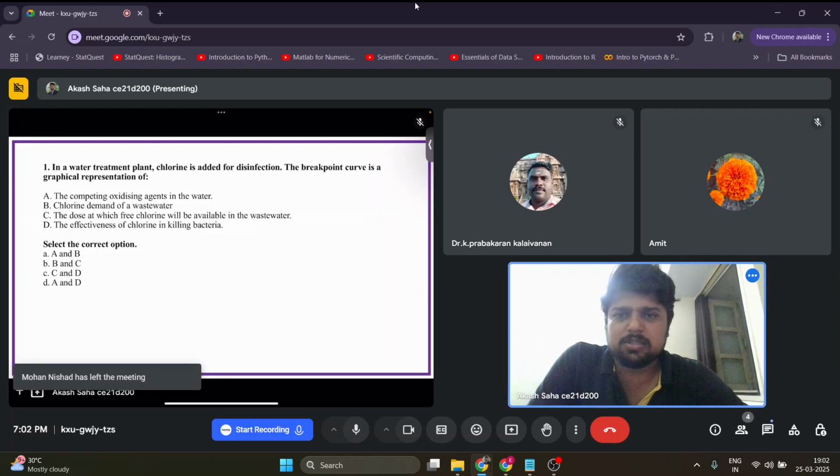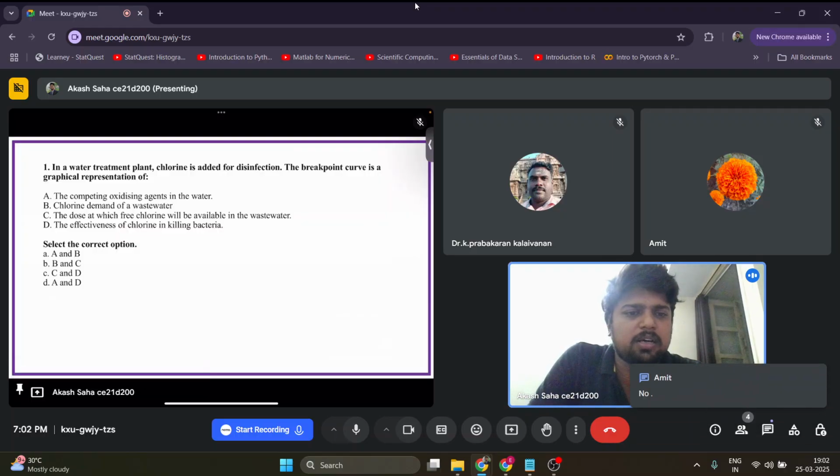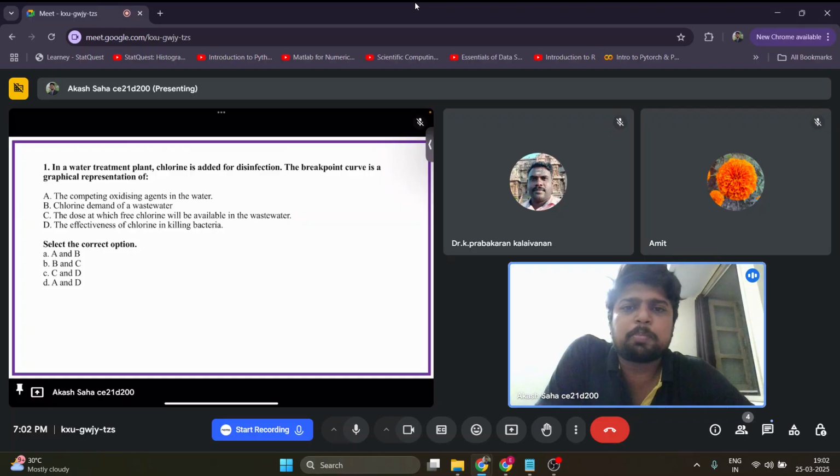Why do you think this will tell us the effectiveness of chlorine killing the bacteria? No, right? Because we don't know. Only after checking how much bacteria is present will we know its effectiveness. Here we are only talking about the breakpoint curve, only the breakpoint curve. So what two parameters will it give?